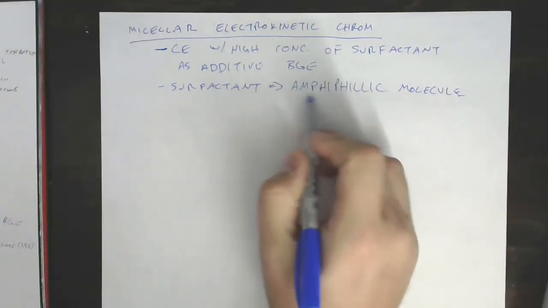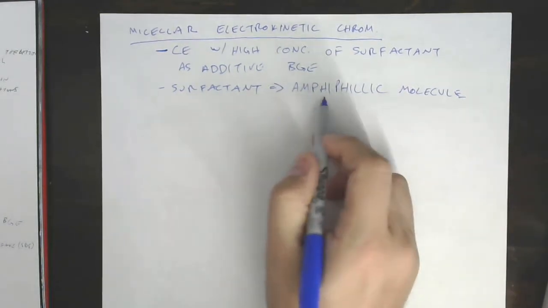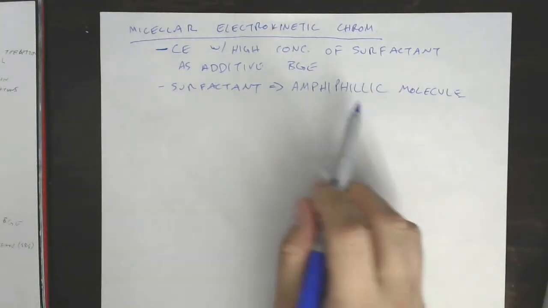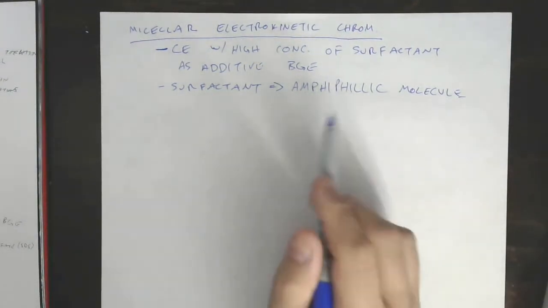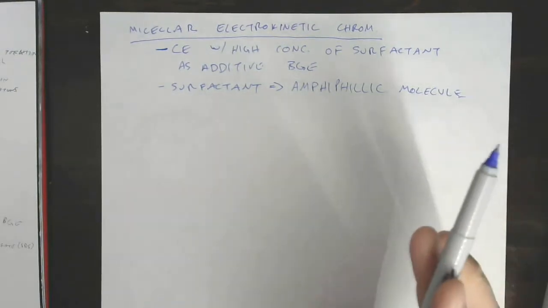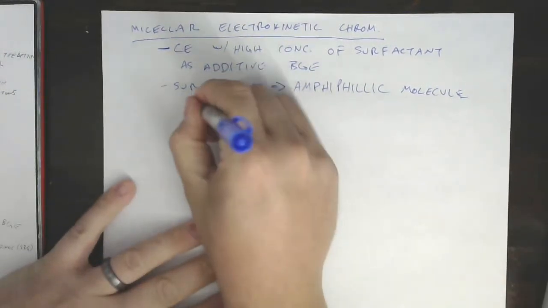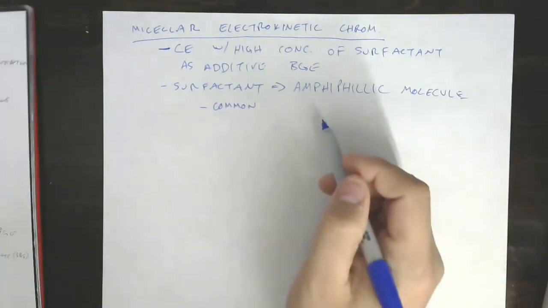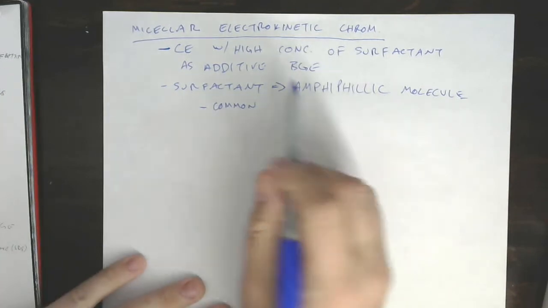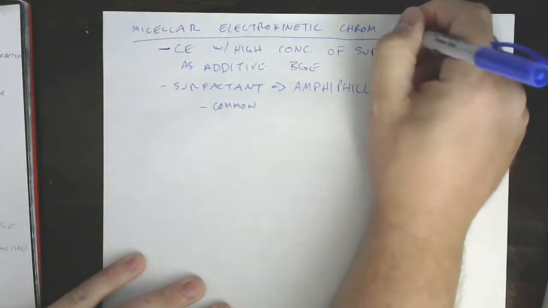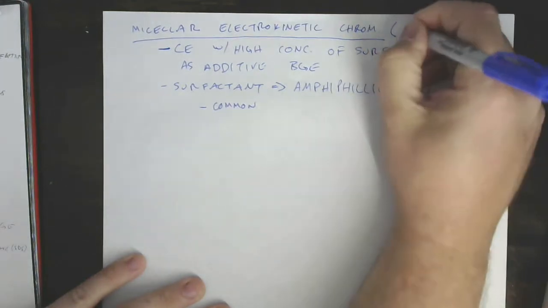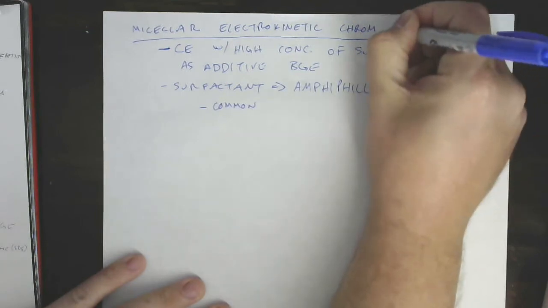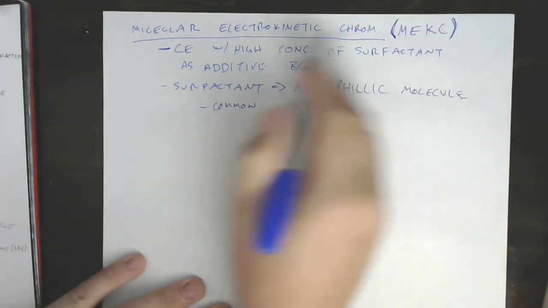Amphi means broad range of, or wide spectrum of, and philic means loving. So a surfactant is a molecule that will happily dissolve in either oil or water conditions. And here's a classic one, the most common one I would suggest in many analytical chemistry applications, certainly the most common in micellar electrokinetic chromatography, or I should have given you this abbreviation sooner, MEKC. It's almost exclusively referred to by this acronym, not by this long name.